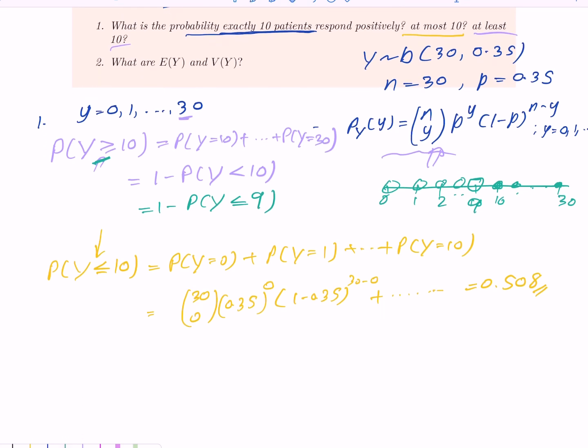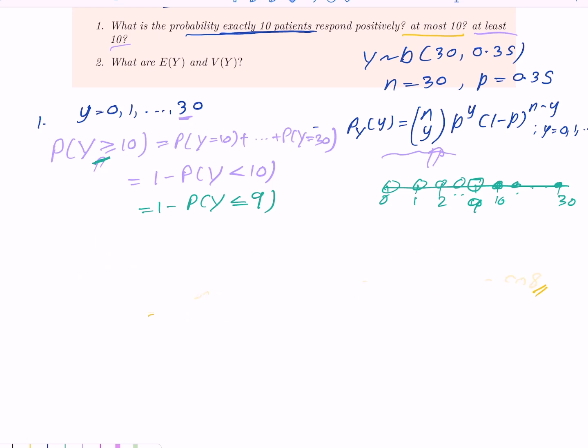So we know that, then you can write the numbers for y less than or equal to 9. If you need, I can show you probability y equals 0 plus probability y equals 1 up to probability y equals 9. Then use the PMF for each case and simplify. So the answer should be 0.642.